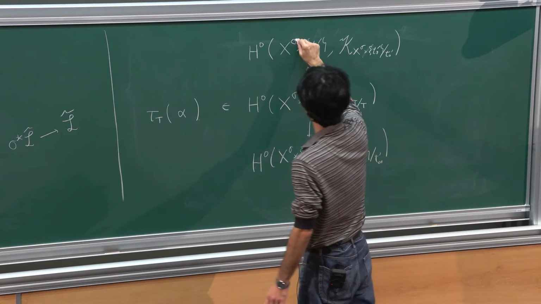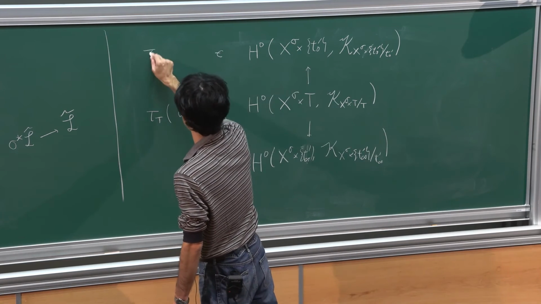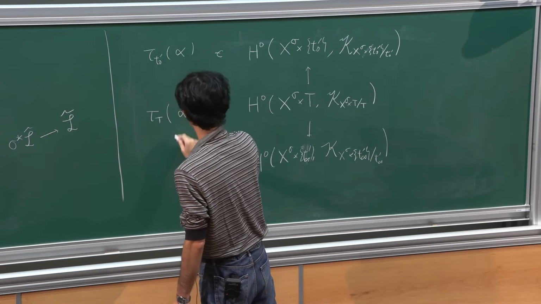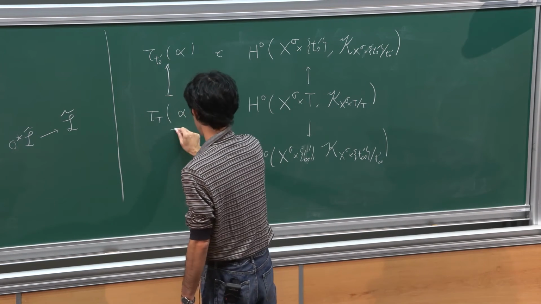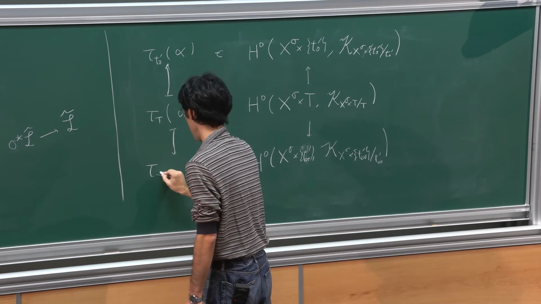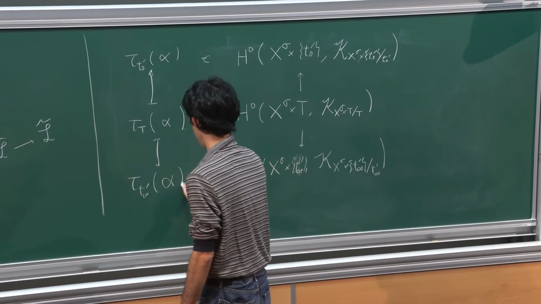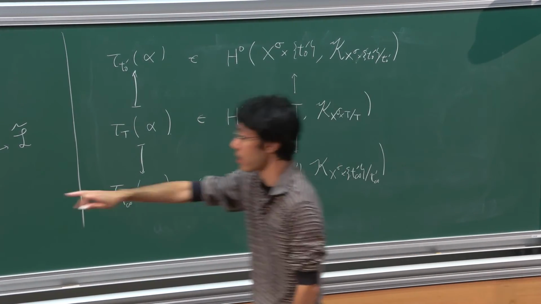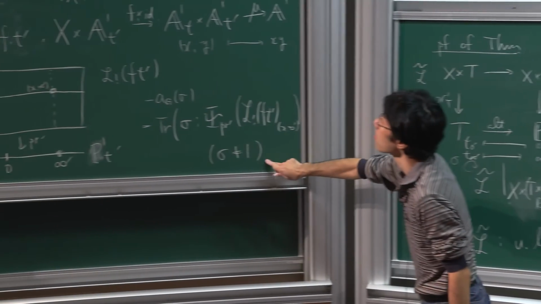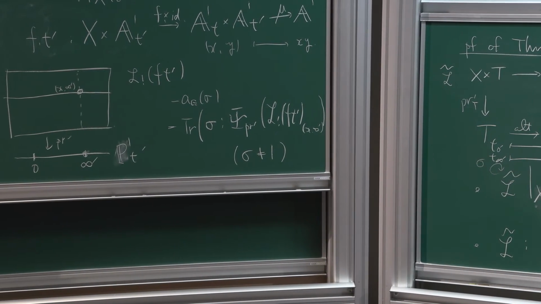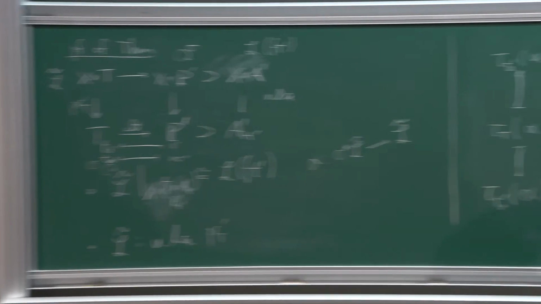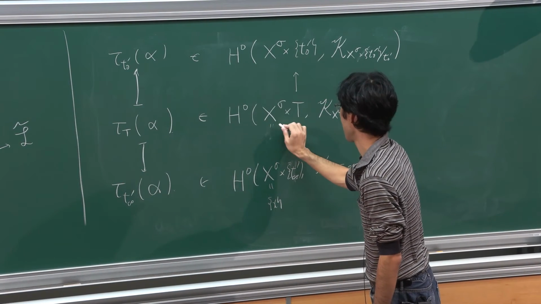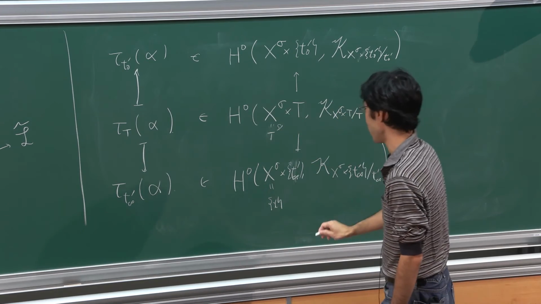And now, Liu Zheng's theorem is saying that this is equal to this. This will be sent to tau of T infinity prime alpha. Okay, now I'm taking sigma not equal to 1. So by assumption, the fixed scheme, this guy, is just equal to X. So at least the underlying scheme is equal to these.